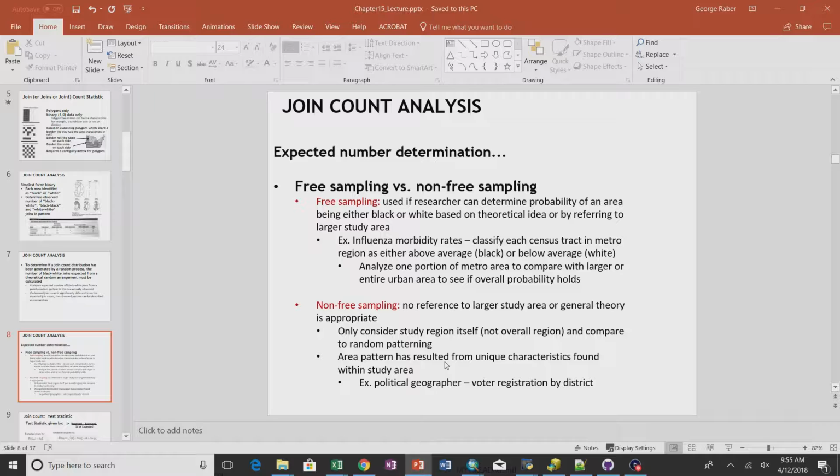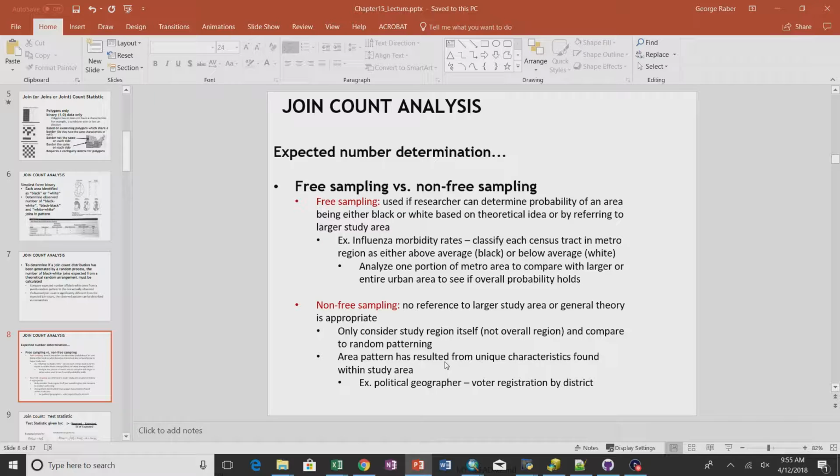Basically, this boils down to what it says there. If a researcher can determine the probability of an area being either black or white on a theoretical idea, or by referring to a larger study. So you would use free sampling in those cases where you knew that there were, let's say, 10% in one category and 90% in another category. You knew that's the way it should be.